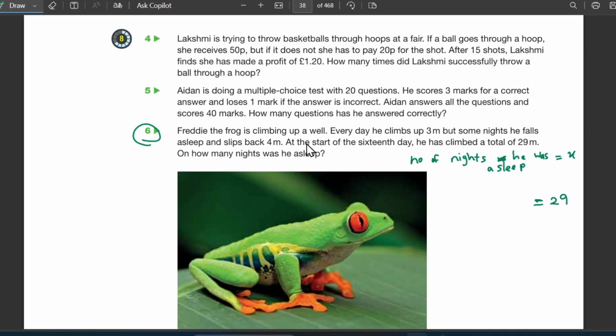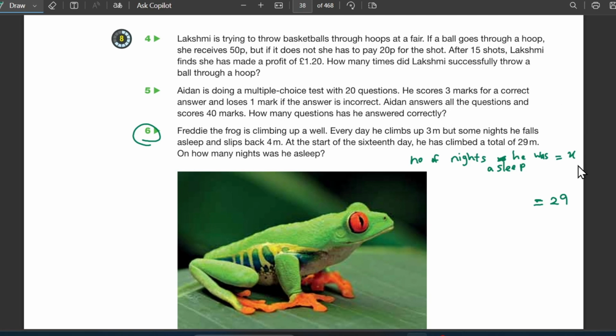Freddy the frog is climbing up a wall. Every day he climbs up 3 meters, but some nights he falls asleep and slips back 4 meters. At the start of the 16th day, he has climbed a total of 29 meters. On how many nights was he asleep? So I will take the number of nights that he fell asleep as x. So the total distance that he climbed is 29.